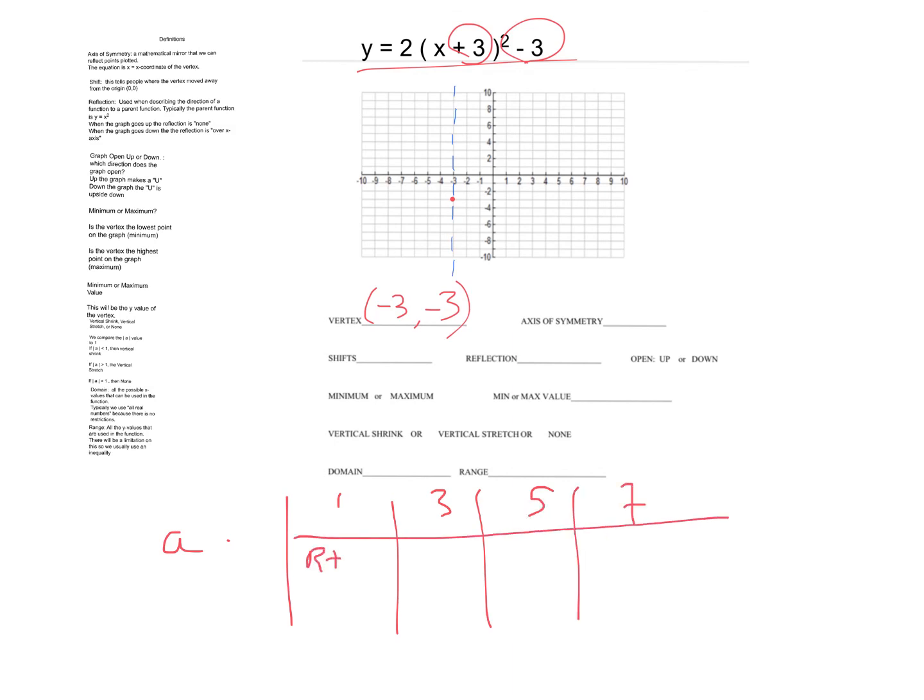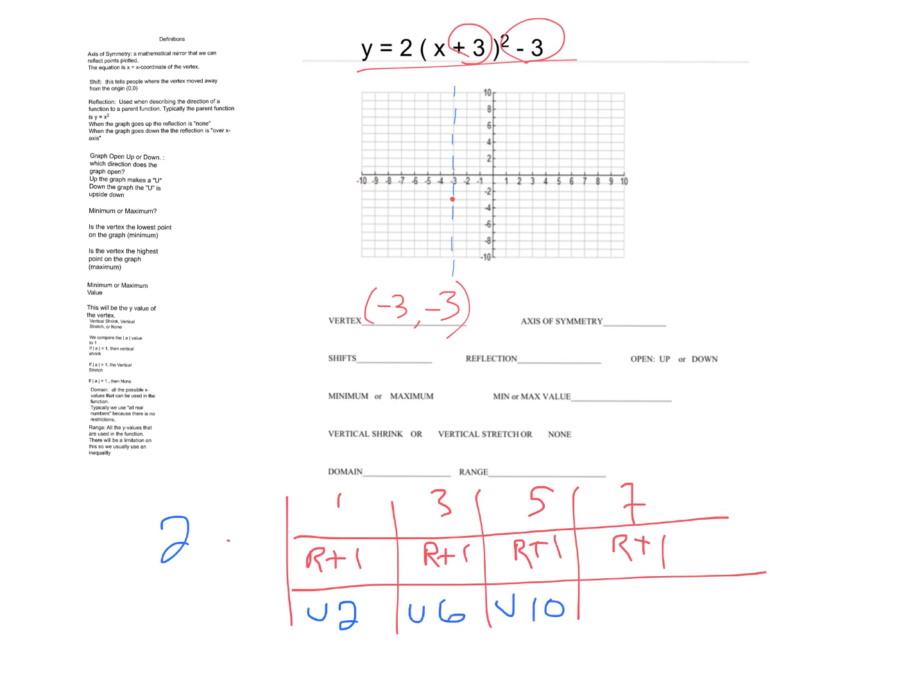So right 1, right 1, right 1, right 1. Now our a value in this case is going to be 2. So 2 times 1 is 2, so we're going to go up 2, up 6, up 10, up 14.